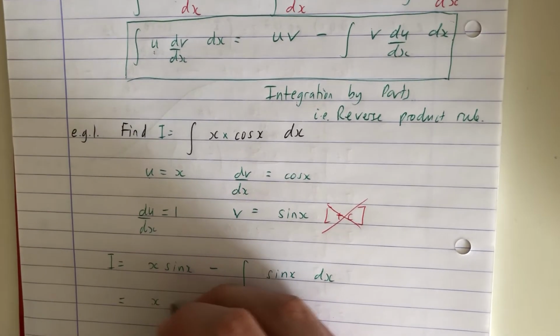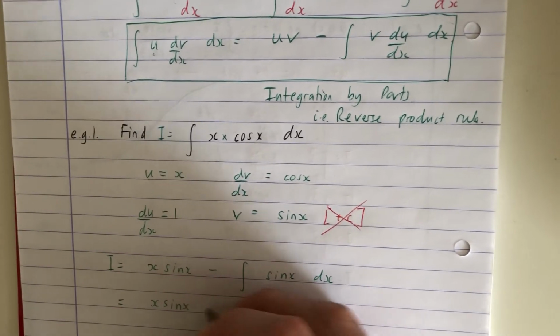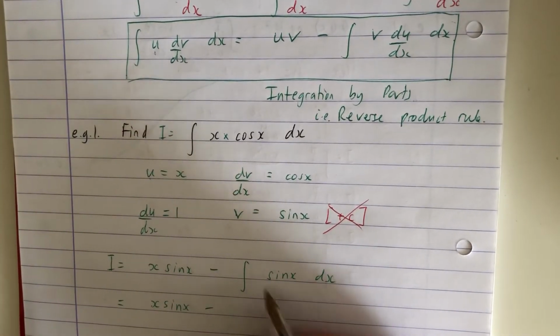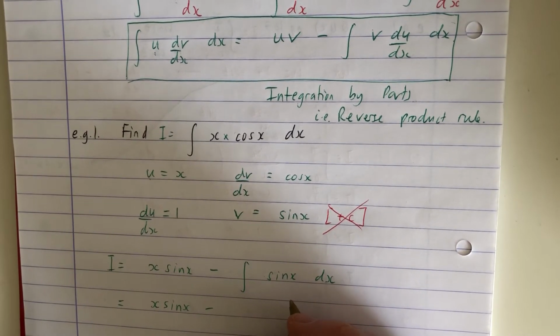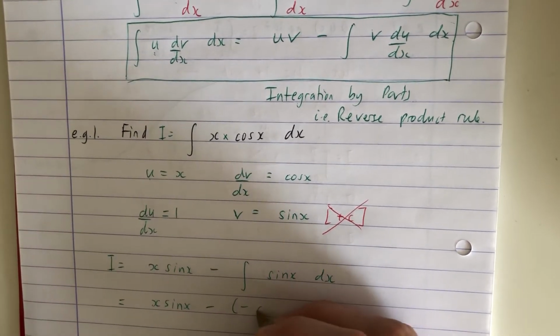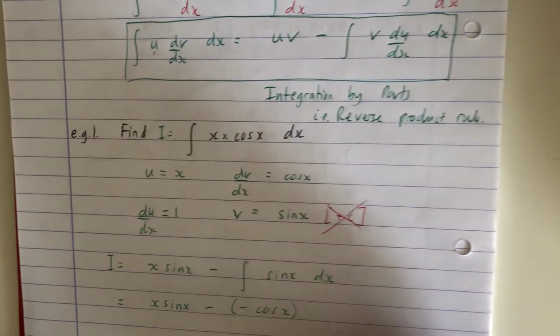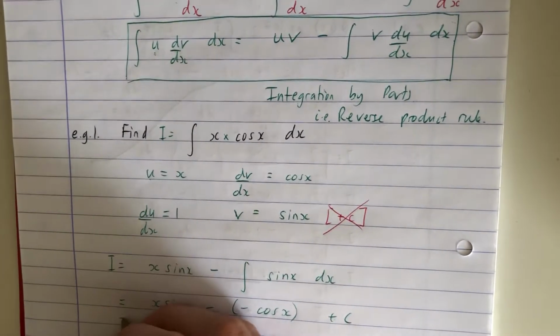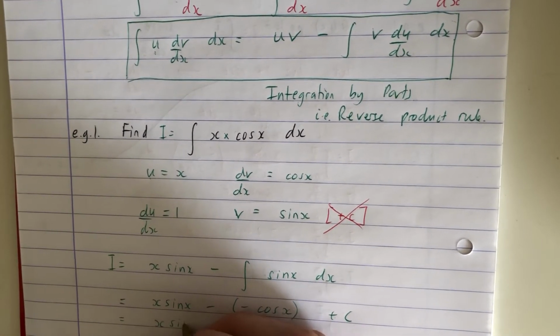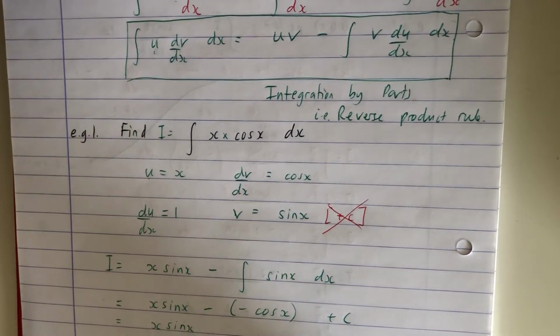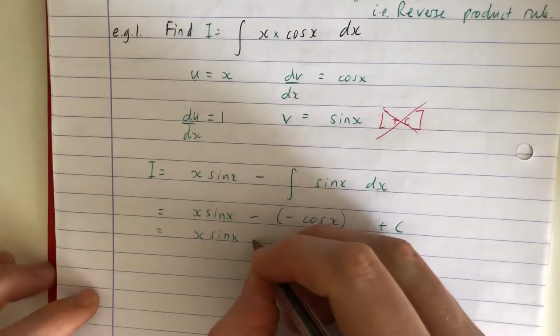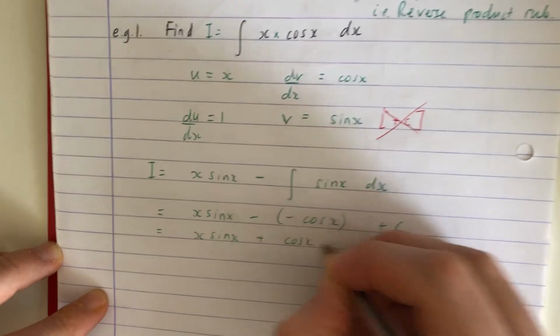So we've got x sin x, subtract. What does sin x integrate to? That would be minus cos x plus c, or x sin x plus cos x plus c.